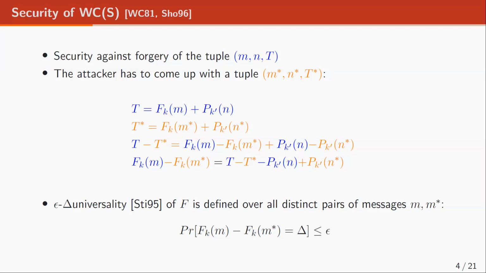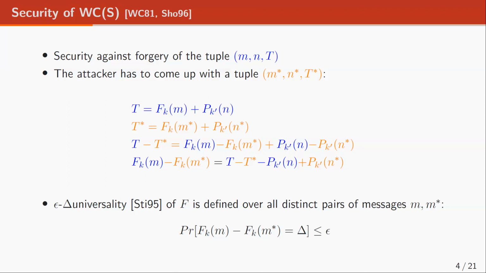And the goal is that the attacker has to come up with this M star and T star, such that the last equation is satisfied. So we can look at the difference between the blue and the orange equation. The goal of the attacker is to satisfy this.